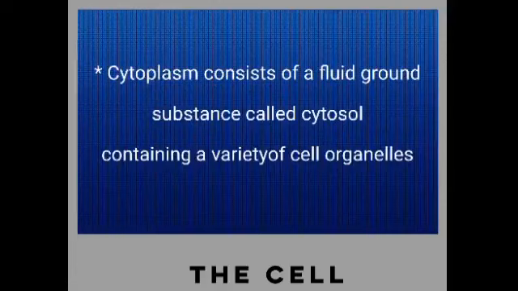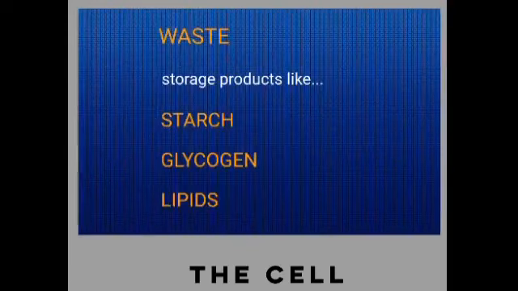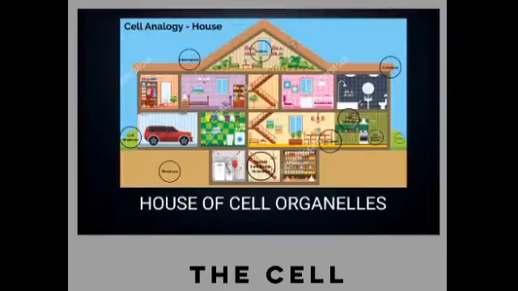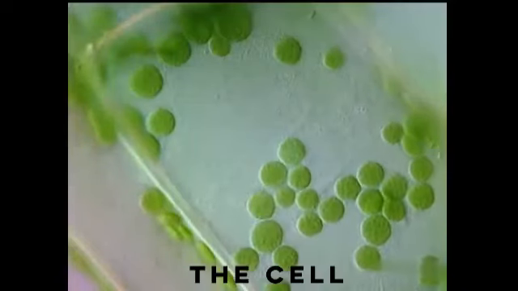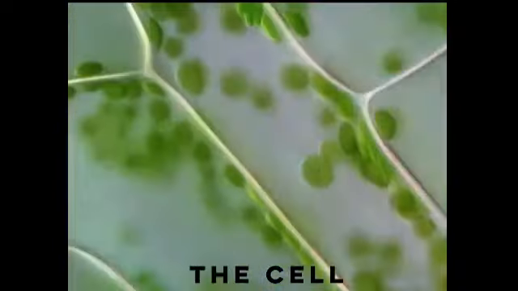Cytoplasm consists of a fluid ground substance called cytosol containing a variety of cell organelles and other inclusions such as waste and storage products like starch, glycogen, lipids, etc. In other words, it is a house of cell organelles. Living cytoplasm is always in a state of motion.